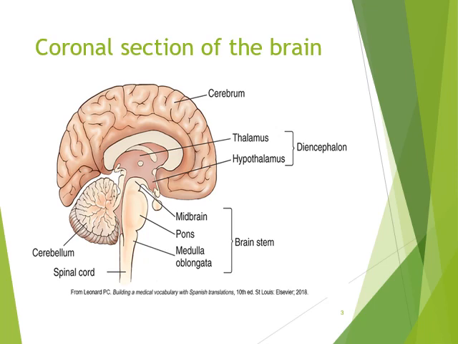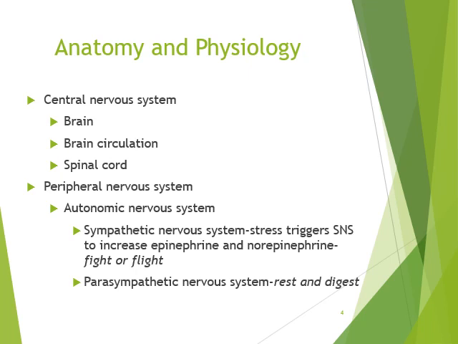So as we go along, we may be talking about some of these areas of the brain. So I want you to get a picture of this cross section. So let's talk about some of the anatomy and physiology. The thing about the brain is that it receives and interprets information from the external environment, and then it initiates a response to that information.